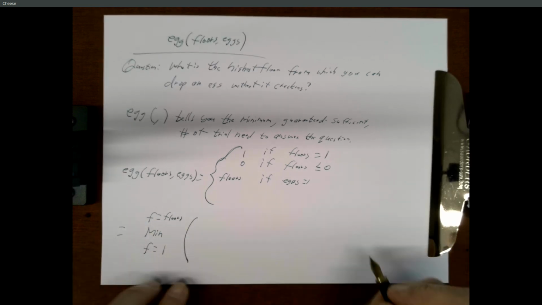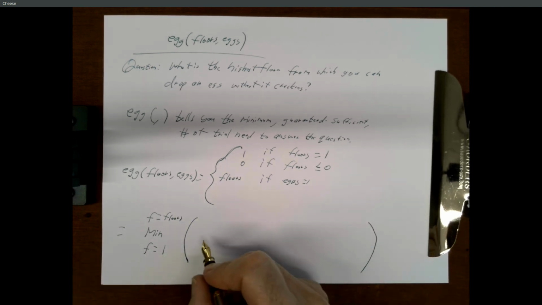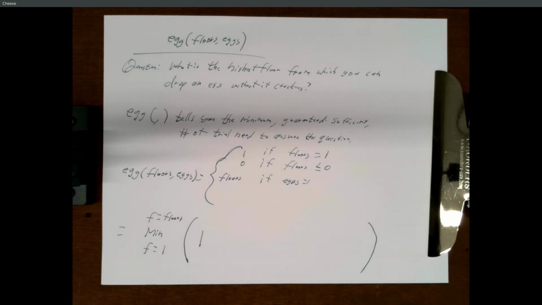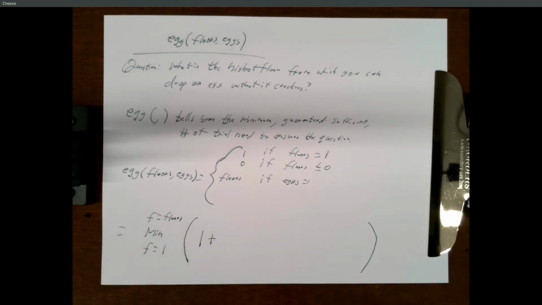So this is the experiment where we first drop from floor F. Okay, so the number of trials it's going to take is at least 1. That's dropping the egg from floor F. And then there's two possibilities. Suppose the egg cracks. We drop from floor F and the egg cracks. Well, now we have one fewer egg, but we also have fewer floors to investigate. We know the critical floor is somewhere between 1 and F minus 1.